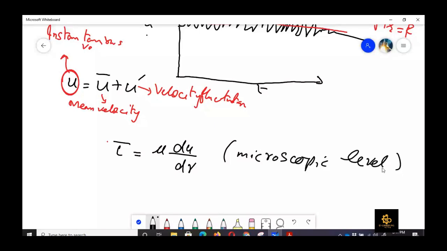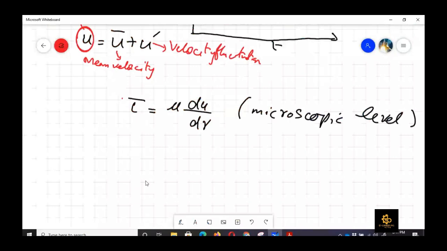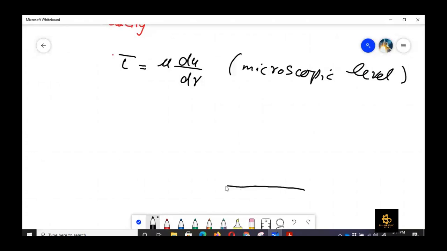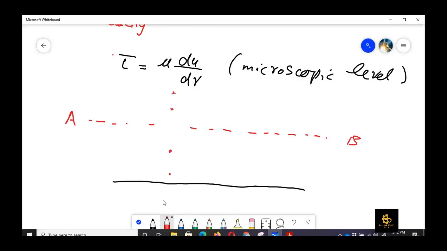Okay, let me give you a physical interpretation of this shear stress. Let's suppose this is the wall surface, and here I have an imaginary surface, we call it A B. Now we know that usually in pipe flows on the microscopic level, if I take one point here, the velocity maybe would be 1 meter per second.